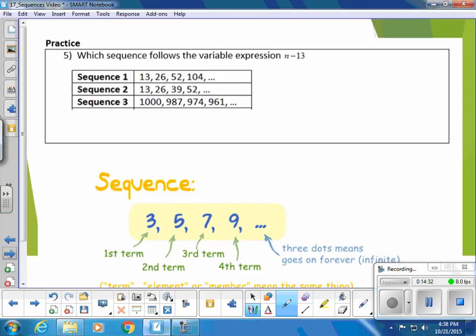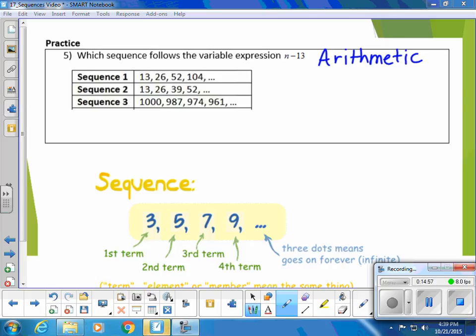So looking at number 5, it says which sequence follows the variable expression a number minus 13. So we know it's an arithmetic sequence because I'm adding or subtracting. If I'm subtracting 13, think smart.